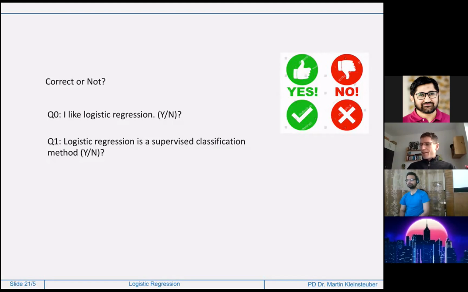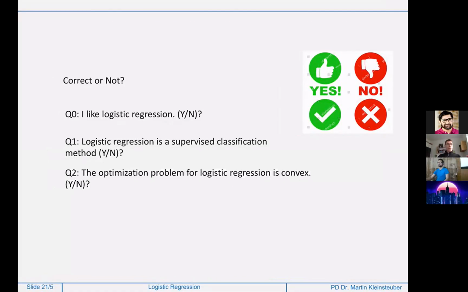Perfect. Next question. The optimization problem for logistic regression is convex. Yes or no?